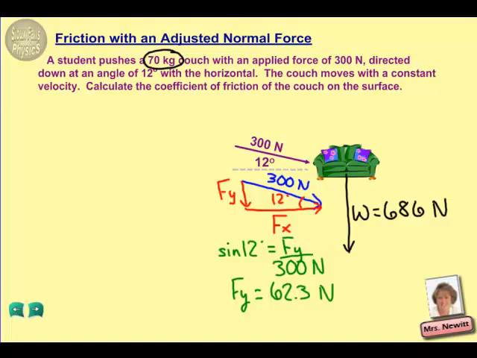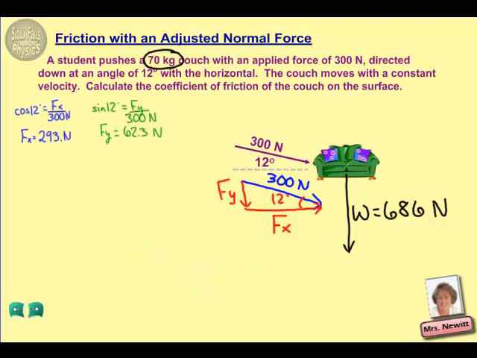Next, we can do the horizontal component, and the horizontal component is the adjacent side. And so in this case, we would be using the cosine of 12 degrees, and that's going to be equal to the x component over our hypotenuse, which is again 300 newtons, and that means that our x component is equal to 293 newtons.